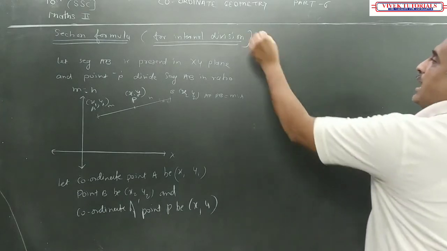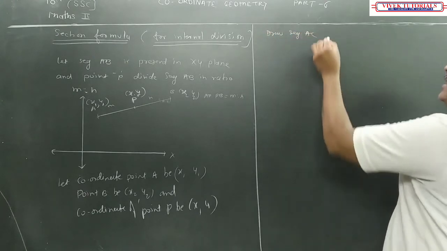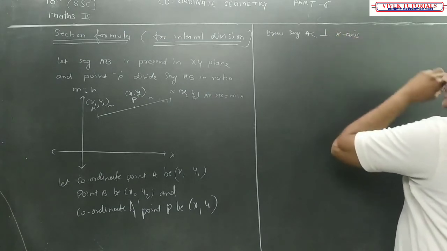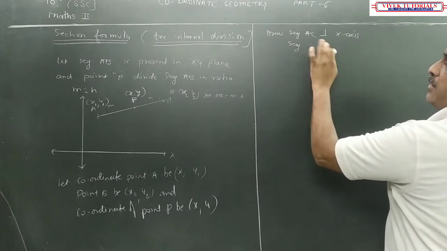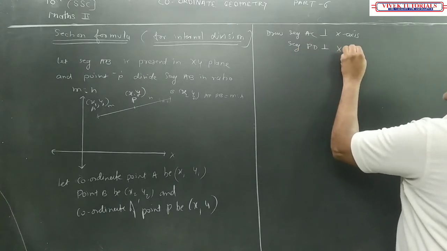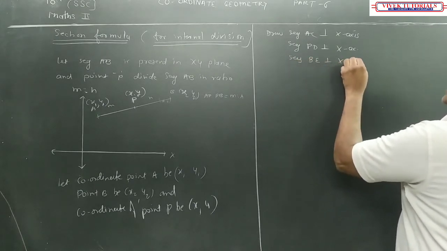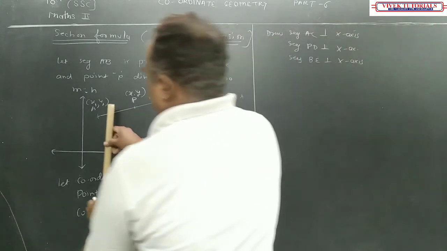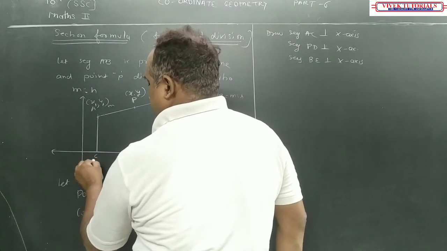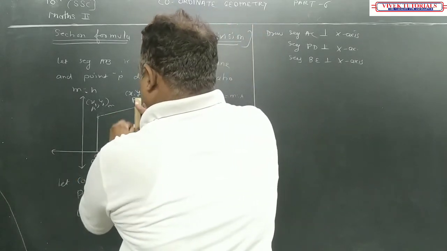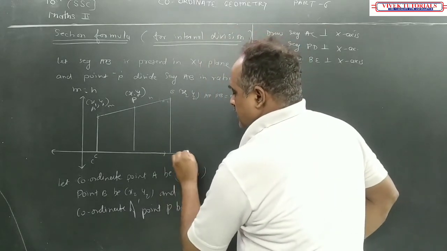Okay, got it now? So what you are going to do is draw segment AC perpendicular to the x-axis, segment PD perpendicular to the x-axis, and segment BE perpendicular to the x-axis.